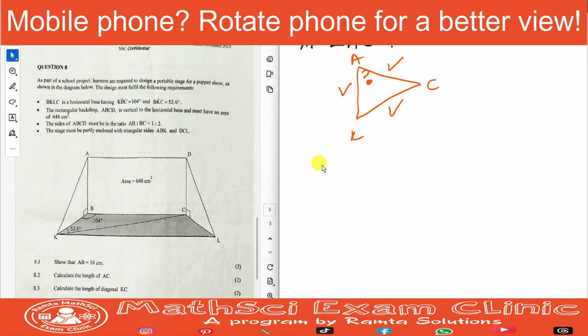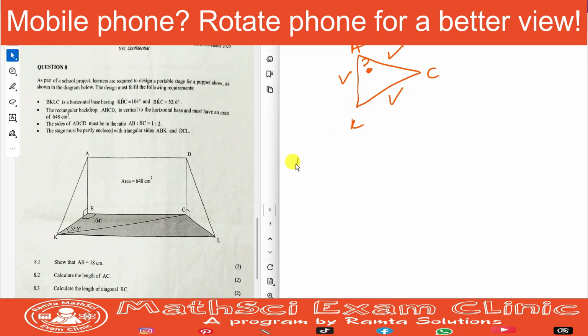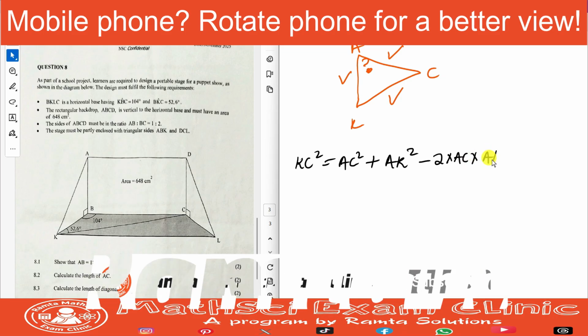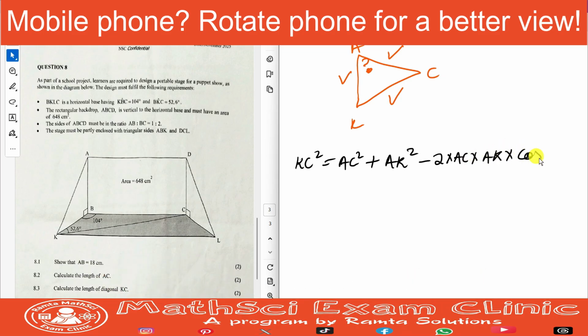We'll then say KC squared equals AC squared plus AK squared minus 2 times AC times AK times cos angle KAC.